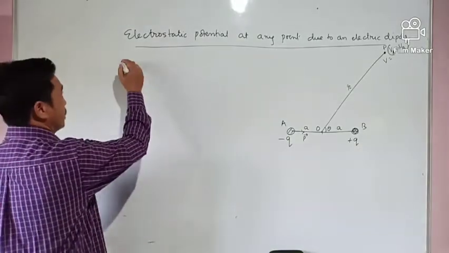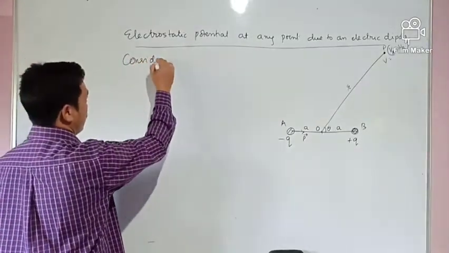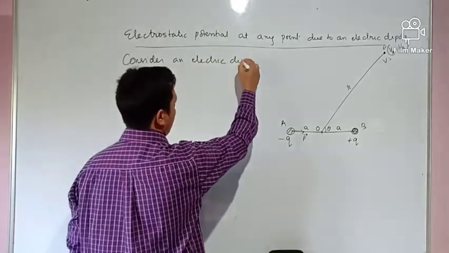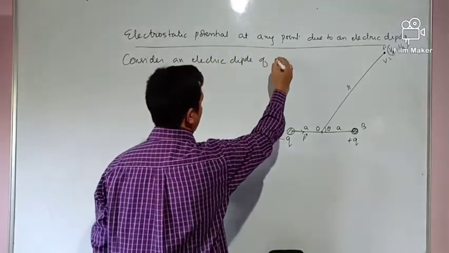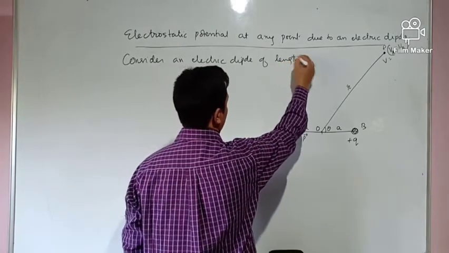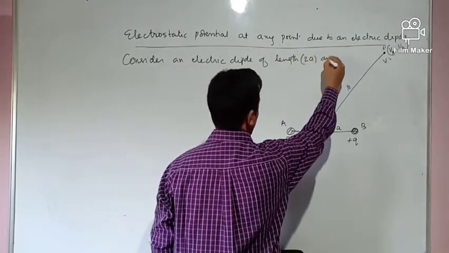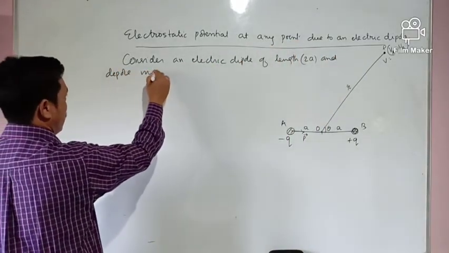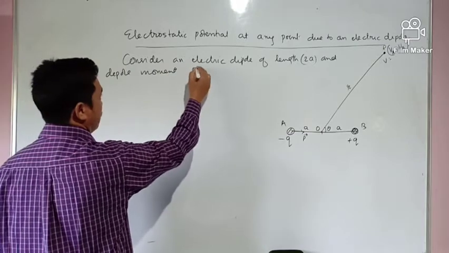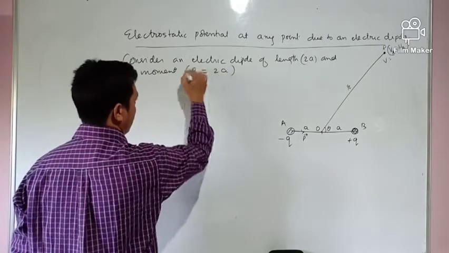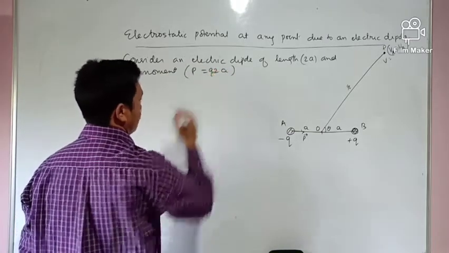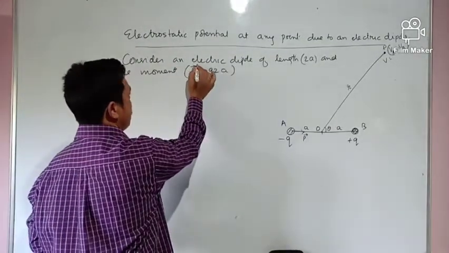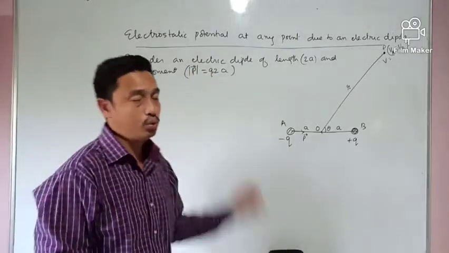So let us consider an electric dipole of length 2a and dipole moment p equals q into 2a. So let us consider a dipole moment of magnitude p, q into 2a.